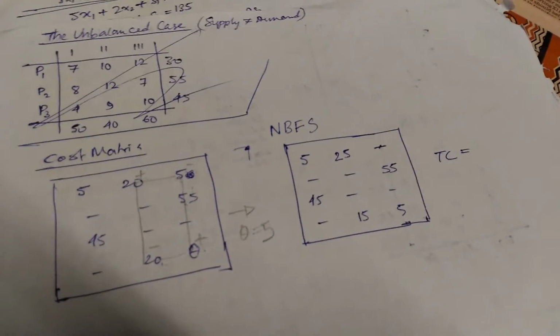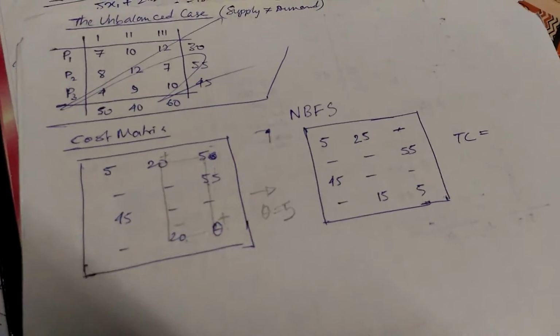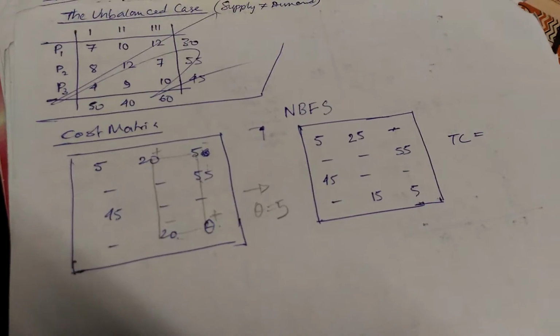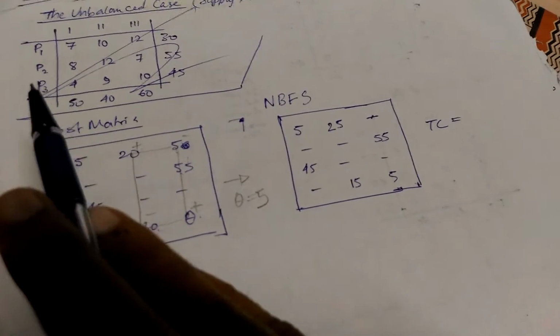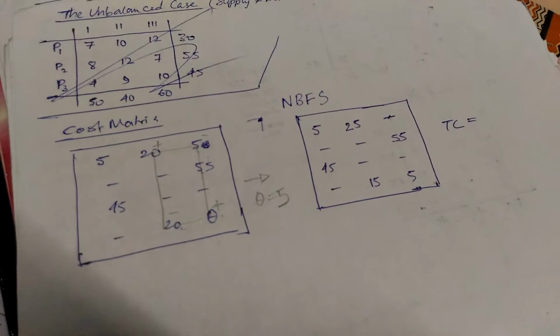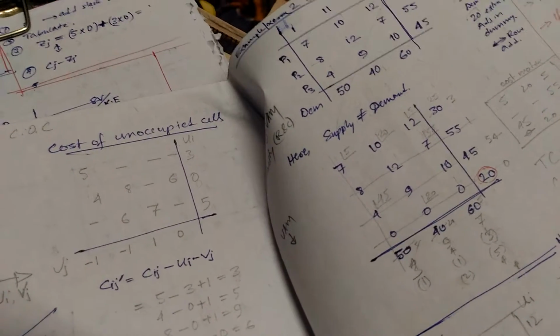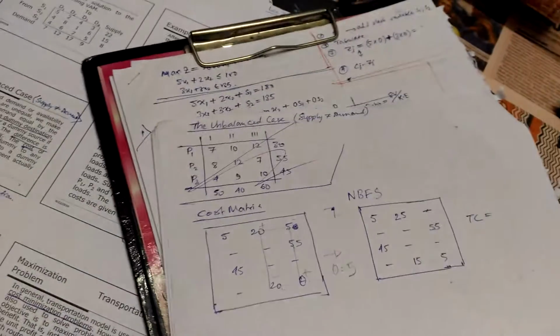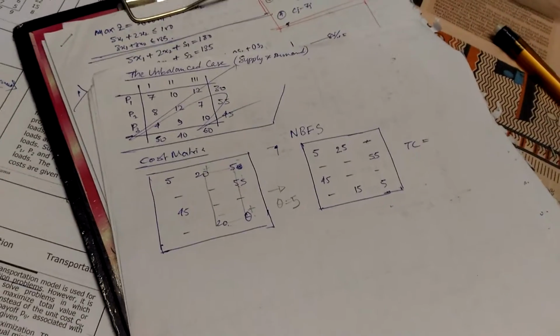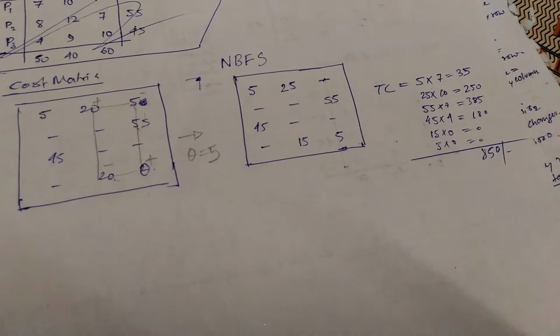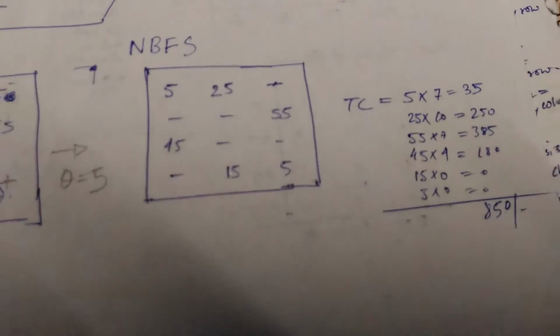Now we have to find the total cost of the new feasible solution. To find the total cost, we multiply each allocated value by its original cost: here 5 into 7, 25 into 10, like this. So let us do it. Calculating the total cost, we get 580.